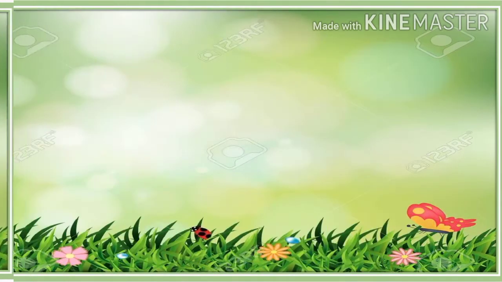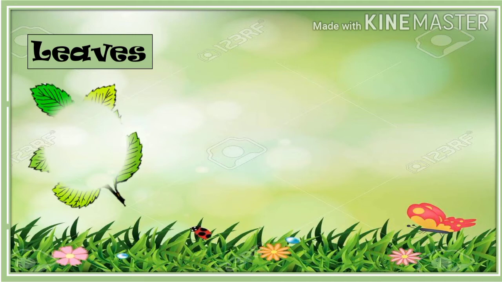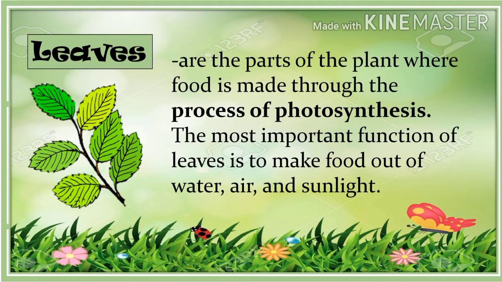And now let's have the leaves. So what do we mean by the leaves? Leaves are the parts of the plant where food is made through the process of photosynthesis. The most important function of leaves is to make food out of water, air, and sunlight.